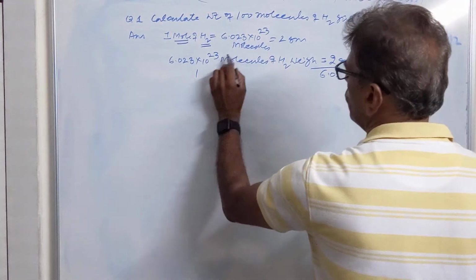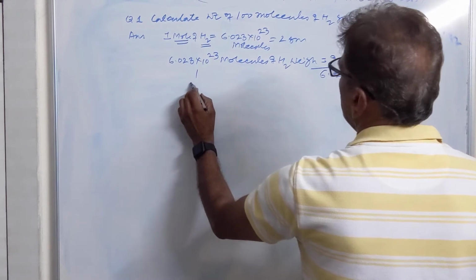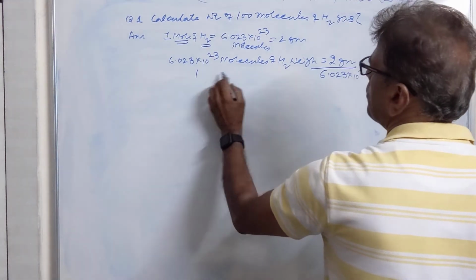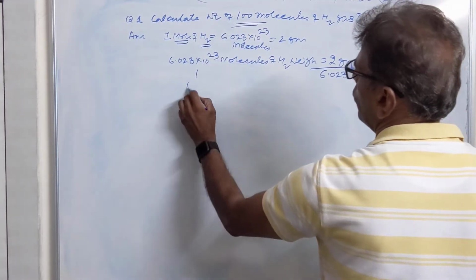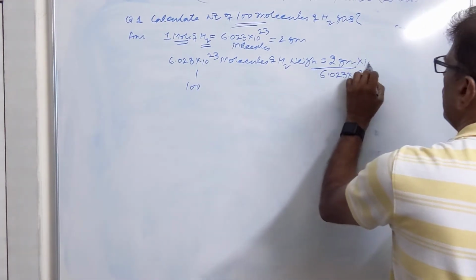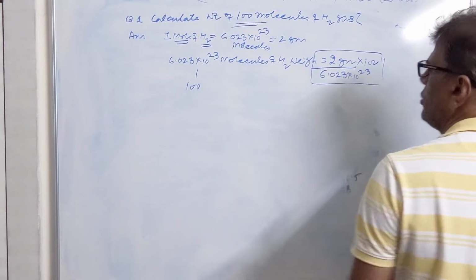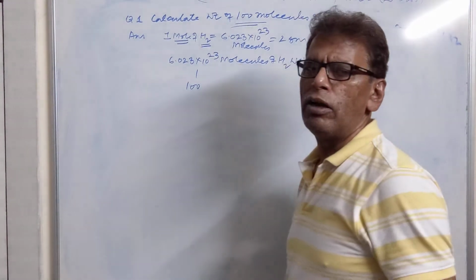And now for how many molecules you are having? 100 molecules, multiplied by 100. By this way you can calculate the numerical problem.